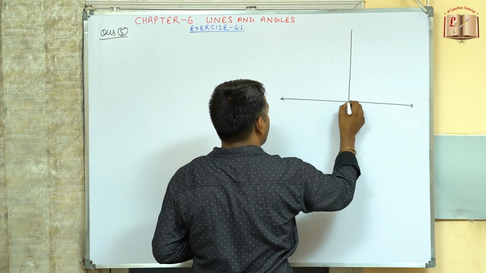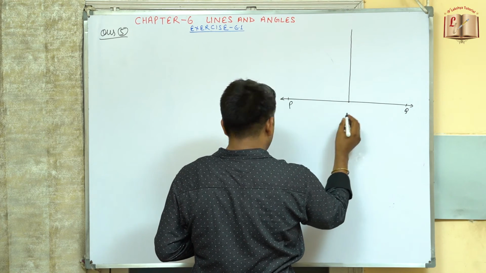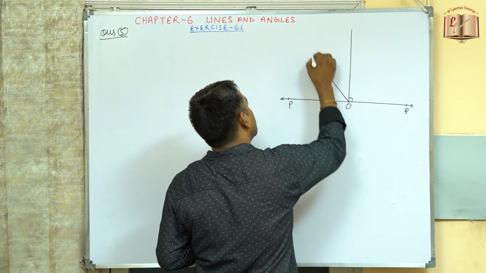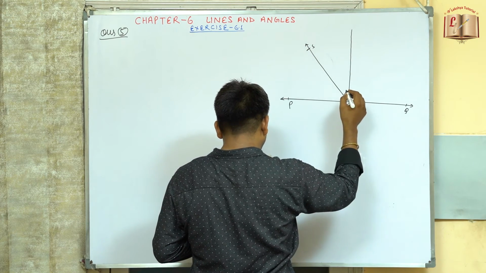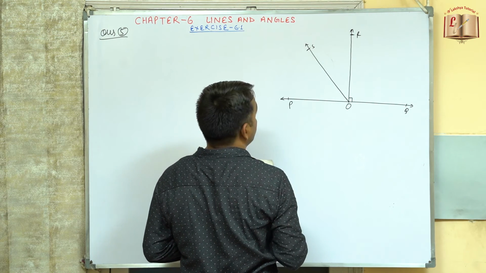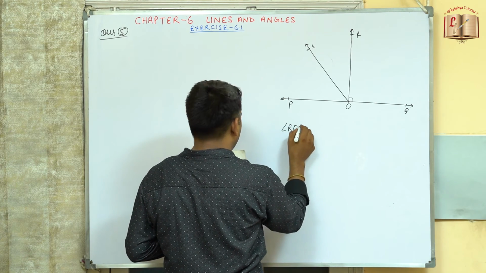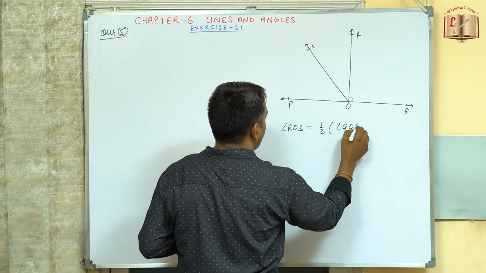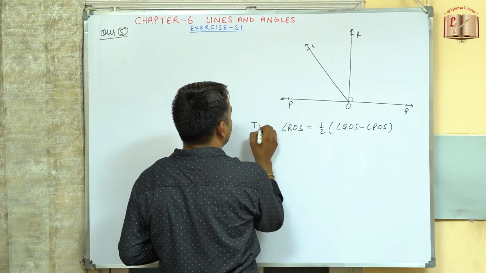This is the perpendicular line given. This point is P and this is Q. This is perpendicular at O, and this is one of the lines. This is S, and this is R. Now we need to prove that angle ROS is equal to half of angle QOS minus angle POS.